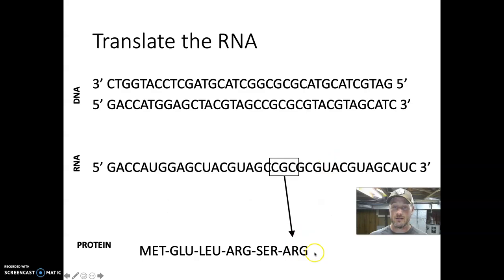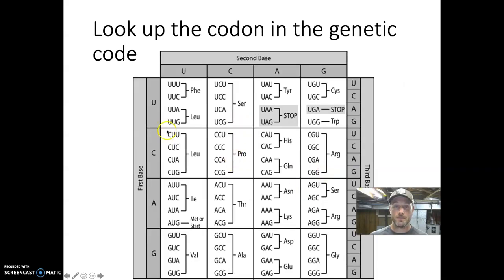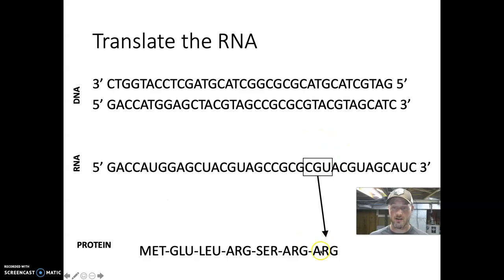So we put that in. Then we look up CGU. Let's see, CGU right here, another arginine. All right, so our protein now has 3 arginines in it, using a couple of different codons to get that same arginine. All right, we move on to the next one, ACG.